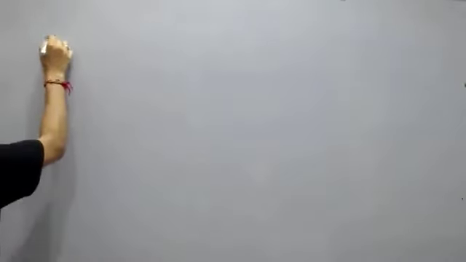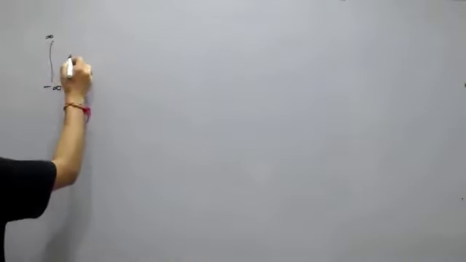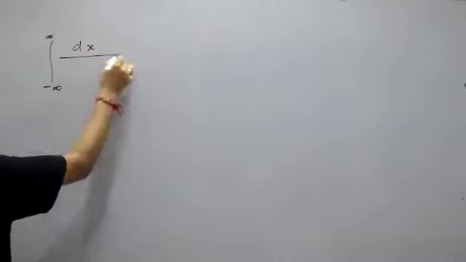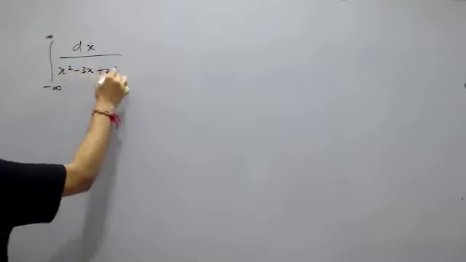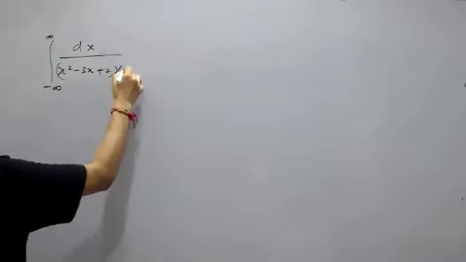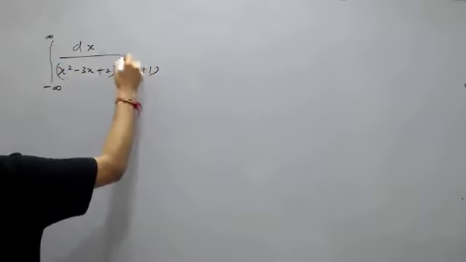Let us take another one. So next question, let me take the integral from minus infinity to plus infinity of dx upon (x square minus 3x plus 2) and (x square plus 1).